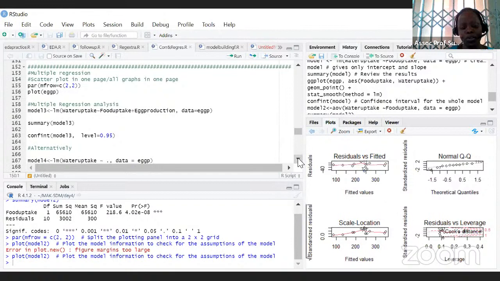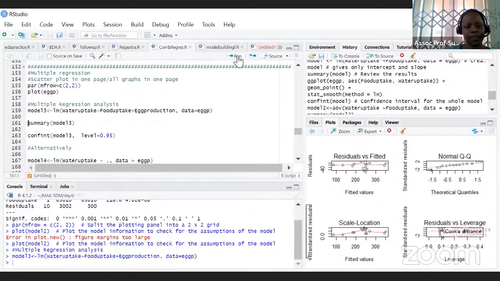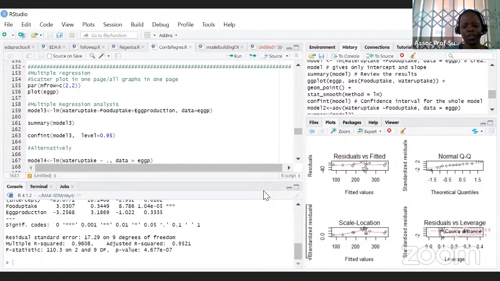Remember, when you're doing regression, the first descriptive analysis is a scatter diagram, and you can also get the correlations. Okay, so let's run line 159. I'm going to concentrate on the console.